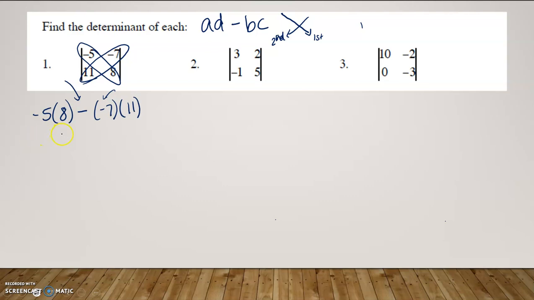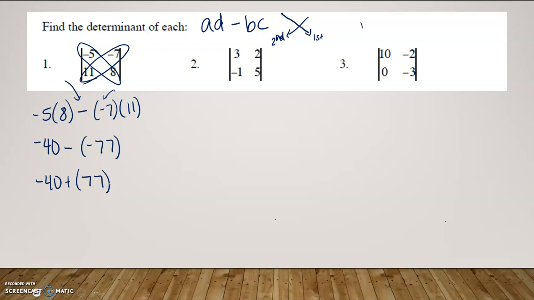So -5 times 8, -40, minus -7 times 11 would be -77. Anytime we see subtraction, we should change it to addition. So we'd say -40 plus the opposite of -77, which would be +77.